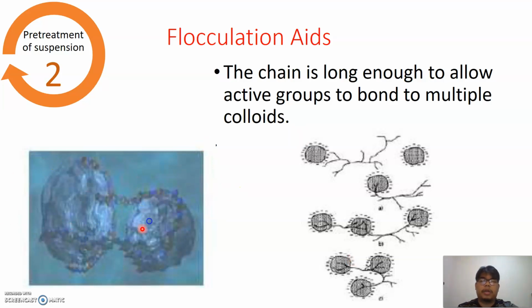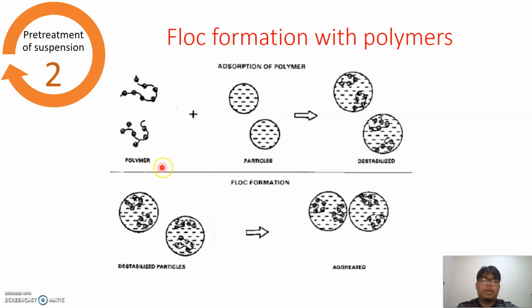So here is the diagram of what we call flocculation. Here is floc formation with the polymer. So what I do is add the polymer. Here we have a small particle.